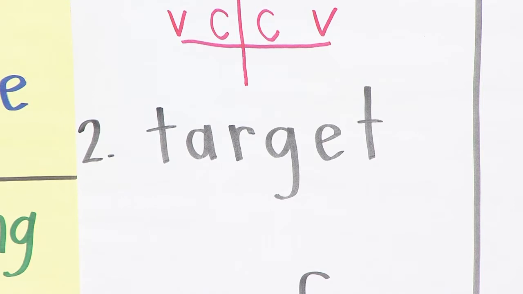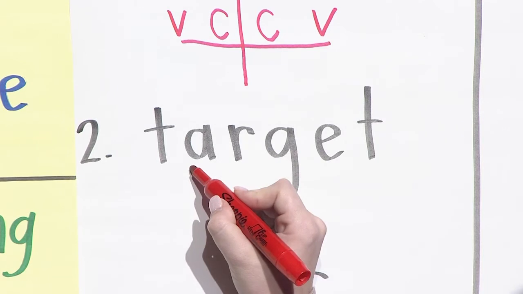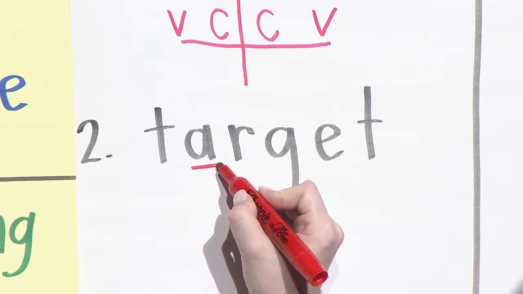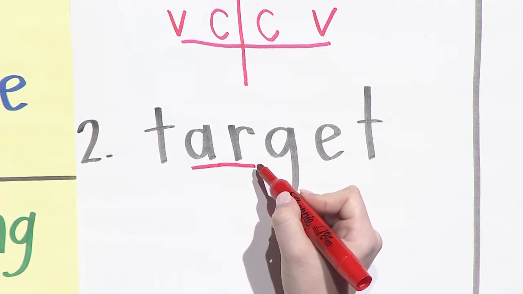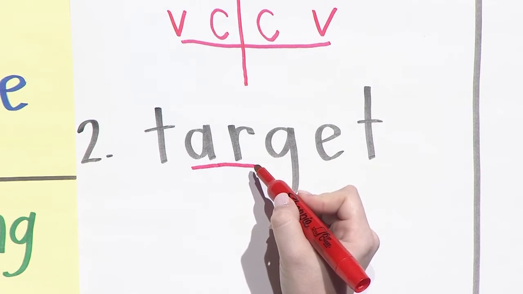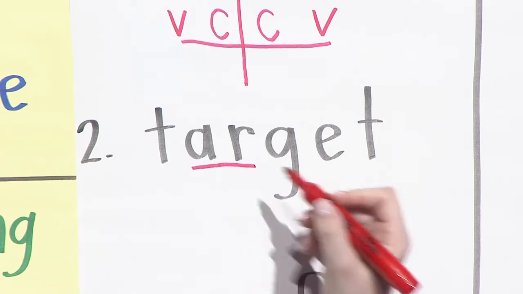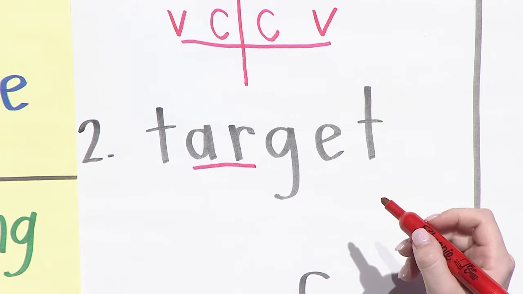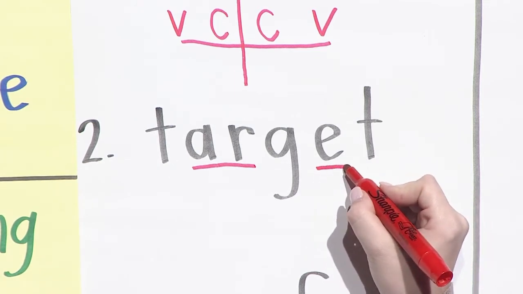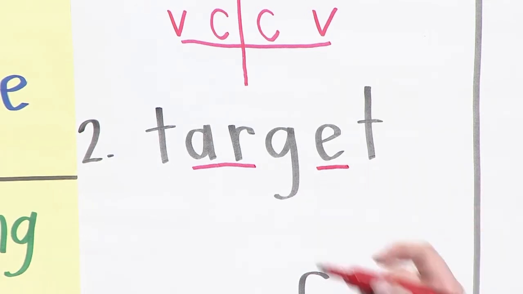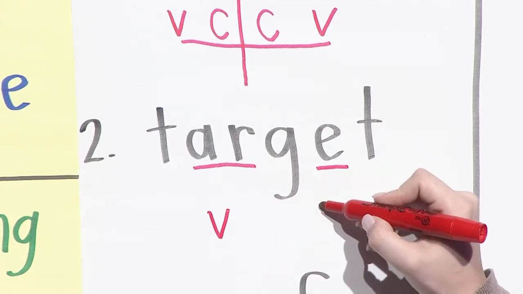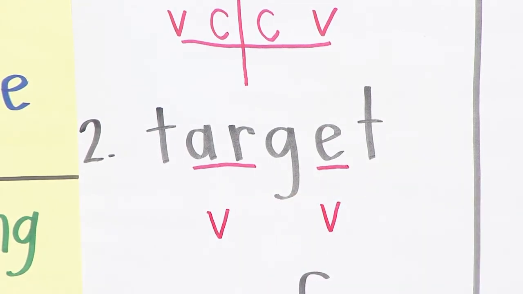So what do you see? Okay, I see an A, followed by R. So we know that's going to be one R-controlled sound. I also see, very good, vowel E.